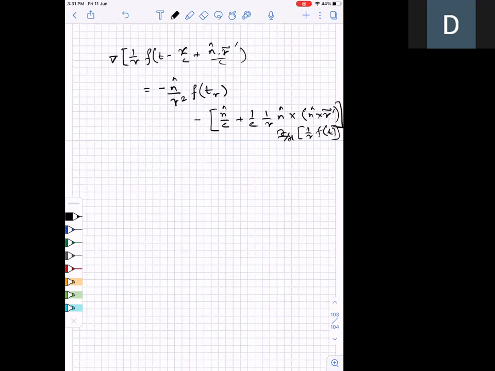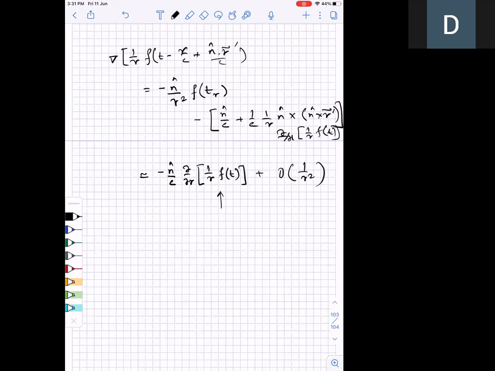So this I can again write approximately as minus n cap by C, then del by R, F of T, plus some zeroth order term of 1 by r squared.